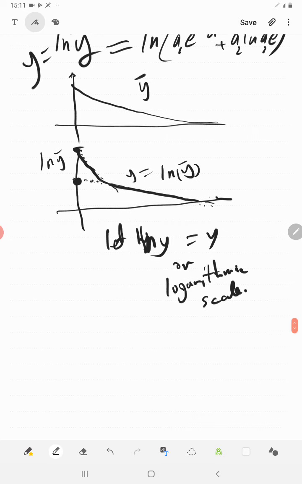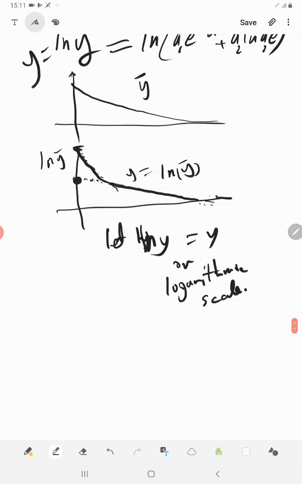Now, how do we separate these two parts?